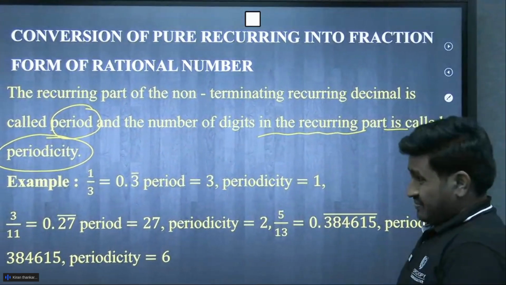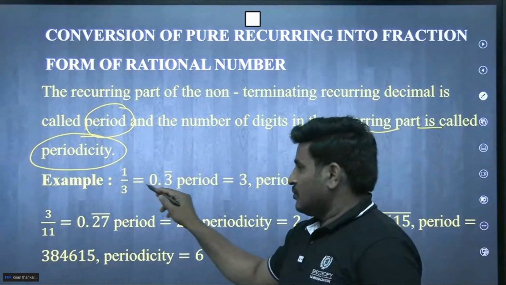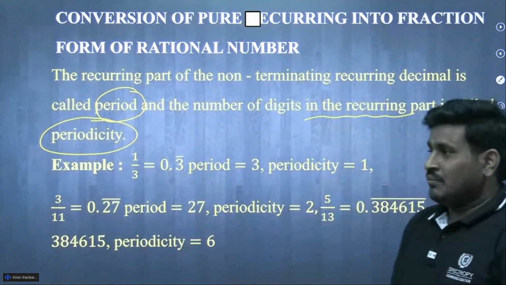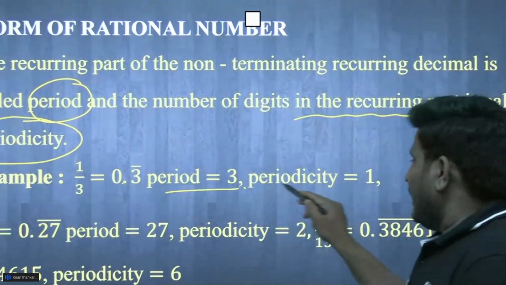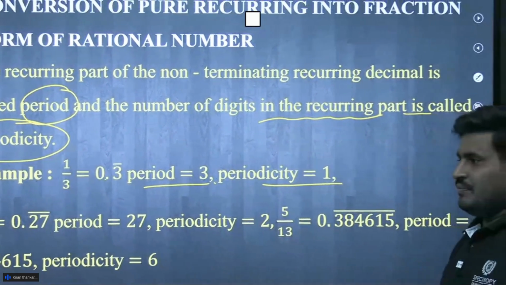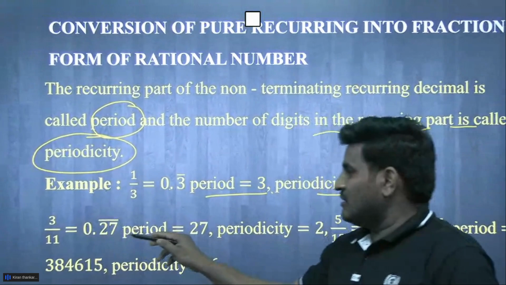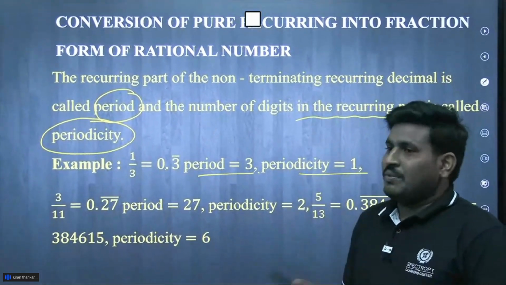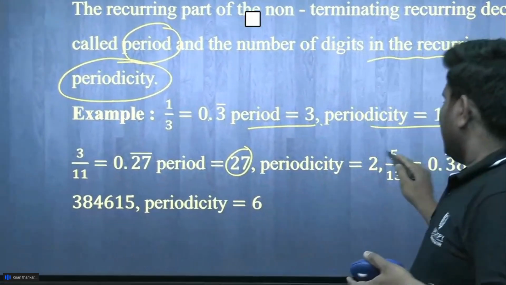Let's see examples. 1 by 3 we can write as 0.3 bar. The period is 3 and the periodicity is 1. Also 3 by 11 we can write as 0.27 bar. The period is 27 and the periodicity is 2.